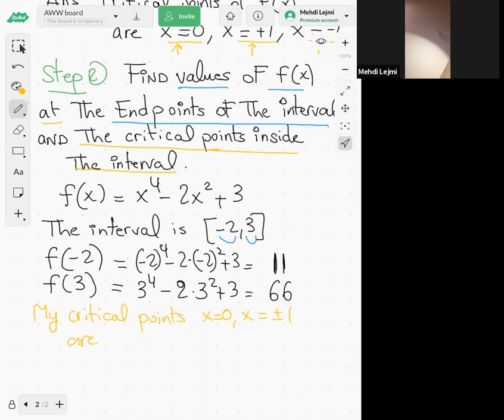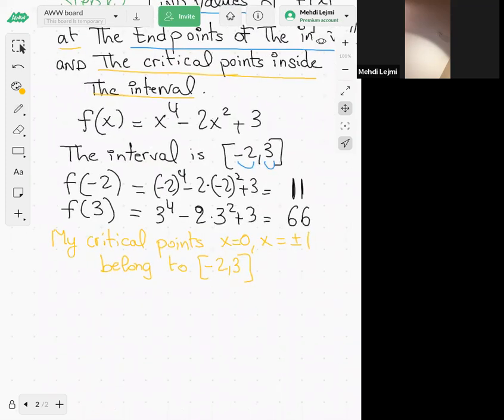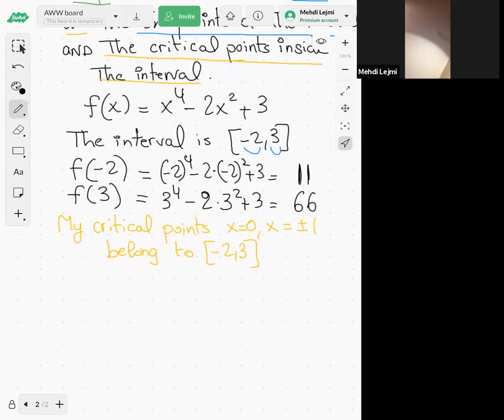They belong to the interval -2, 3. So I'm going to evaluate f at 0, then f at +1, and then f of -1.